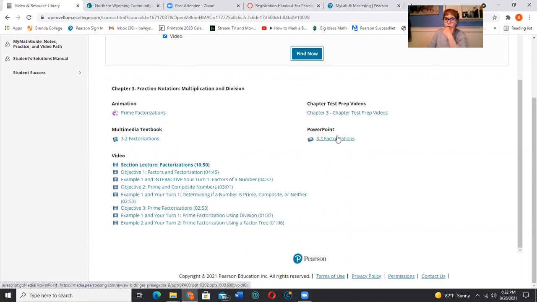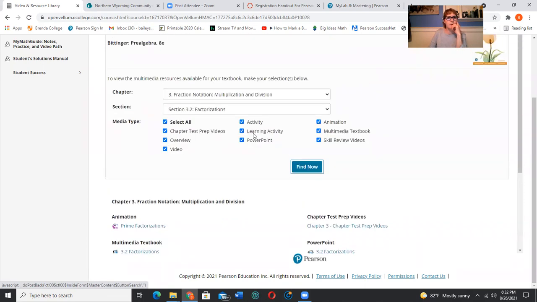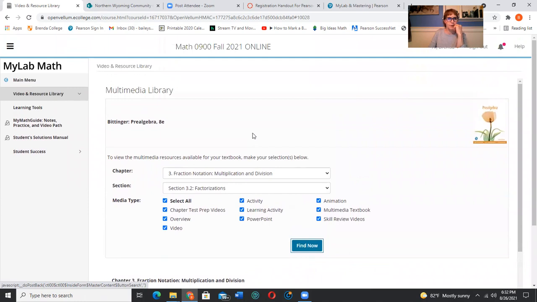There's a PowerPoint you could look at. For chapter 3, there's some test prep videos, which would get you ready for the chapter, but may not necessarily cover what's exactly in the chapter. Multimedia textbook. So, these are just some ideas. These are some helpful hints. So there are some benefits to Pearson, to MyMathLab.